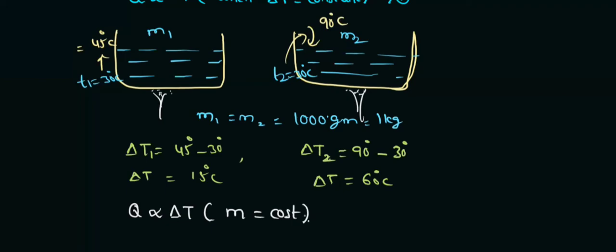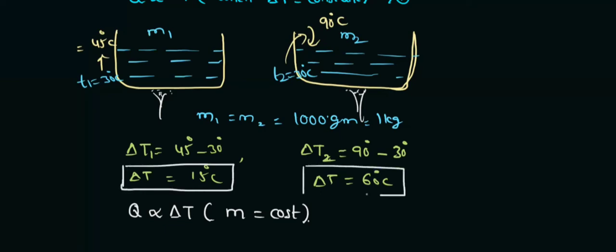For the same magnitude of mass, delta T is different. In the first case, delta T is only 15. In the second case, delta T is 60. That's why the second beaker takes more Q and more time, because Q is directly proportional to delta T.